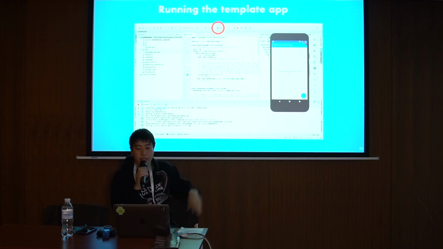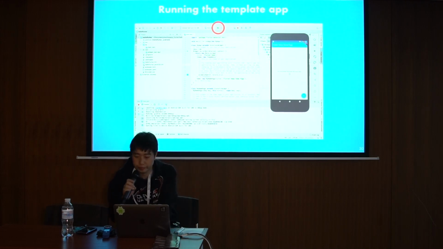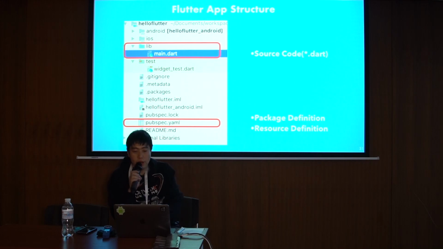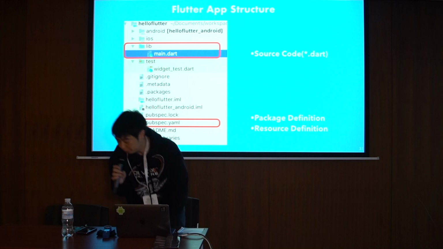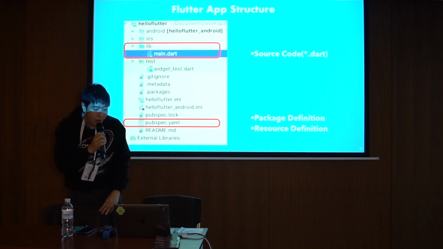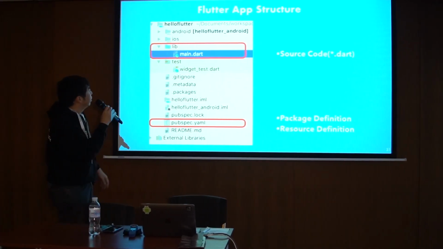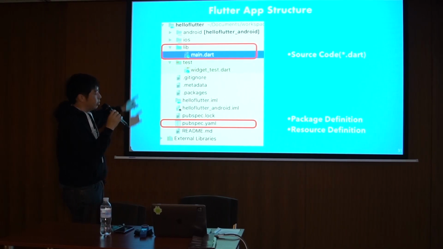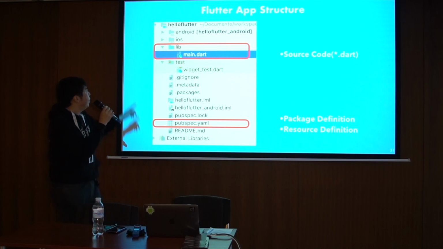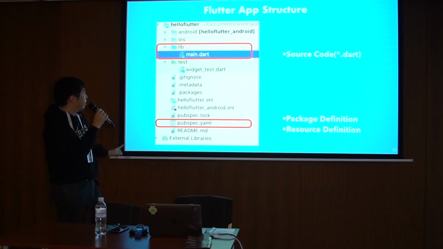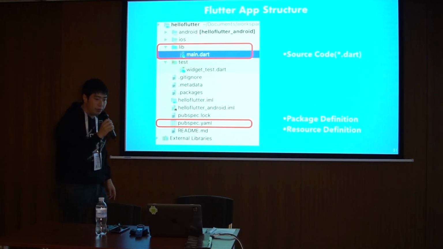This is a Flutter template application. Here is a Flutter general file tree. In these files, two files are very, very important. The first file is main.dart, and the second file is pubspec.yaml.